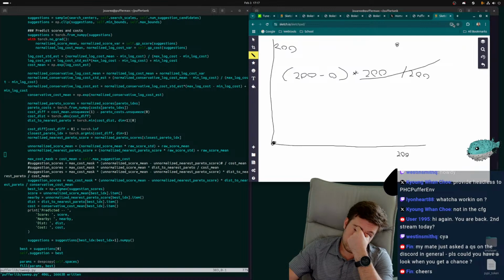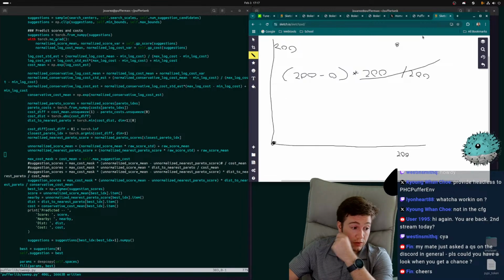If we make everything conservative, is it going to help? It really screwed up performance in the old model, but the old model had terrible Gaussian processes.